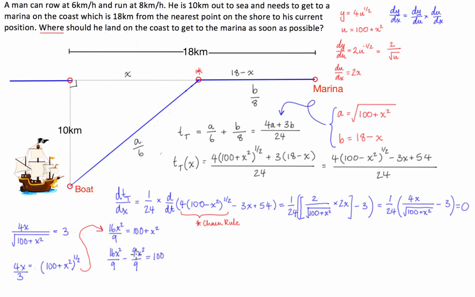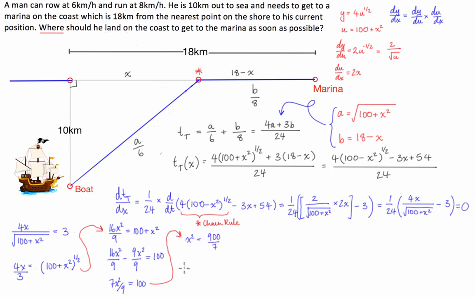So 16 subtract 9 is equal to 7. So I'm left with 7x squared over 9, and that's going to be equal to 100. We're going to multiply both sides by 9 and then divide both sides by 7, and we have x squared is equal to 900 on 7.